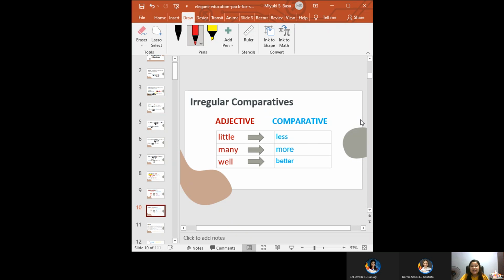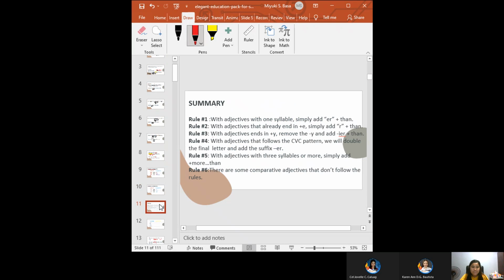So that's it. We're all done discussing the rules in forming comparative adjectives. So now let's have a summary. Can you please read rule number one, Miss Bautista? Rule number one, with adjectives with one syllable, simply add er plus than. Okay.